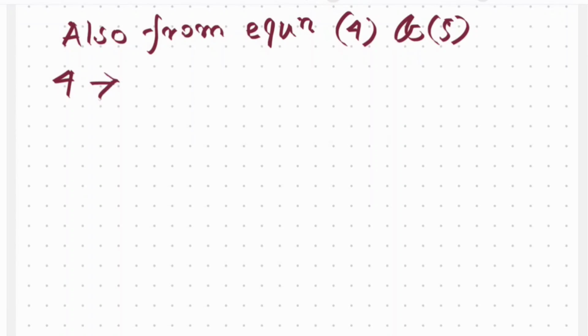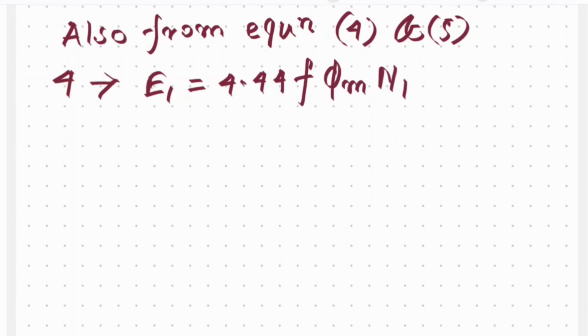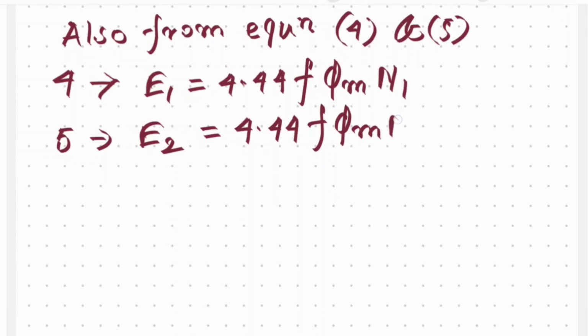Also from equations 4 and 5, equation 4 was E1 is equal to 4.44 F phi m N1, and equation 5 was E2 is equal to 4.44 F phi m N2.